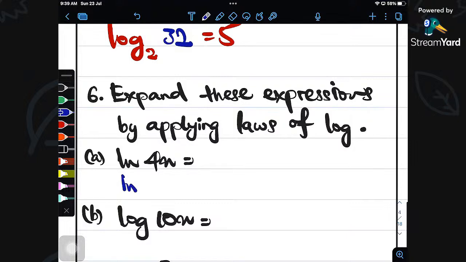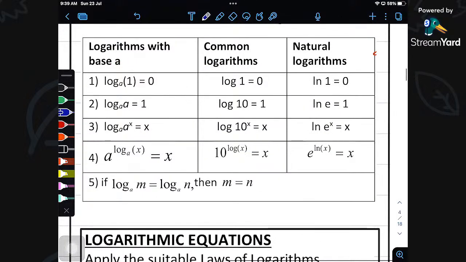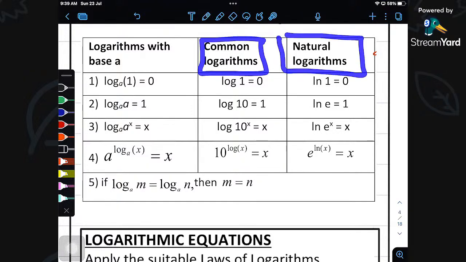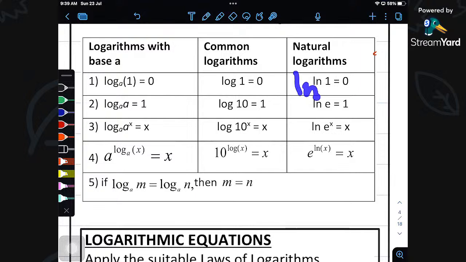Logarithm has two names. One is natural log, one is common logarithm. So this is the definition. One is natural log, which we call ln, or some lecturers call it ln, but I will always call it ln because it sounds similar to log, since we are used to saying log and also ln.